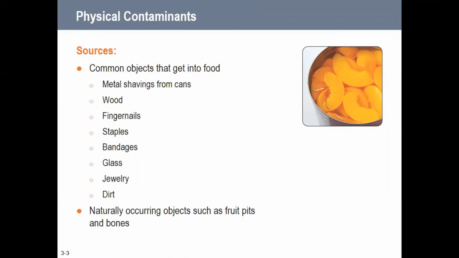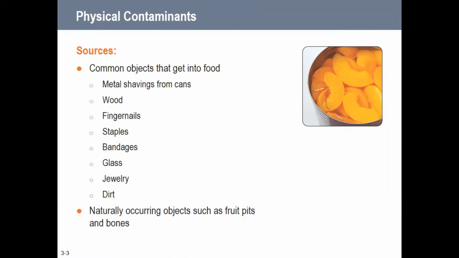The most common physical contaminations you can typically find are metal shavings from a can opener, wood, fingernails, staples, bandages, glass, jewelry, and dirt.